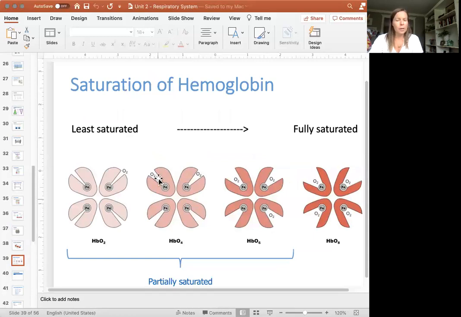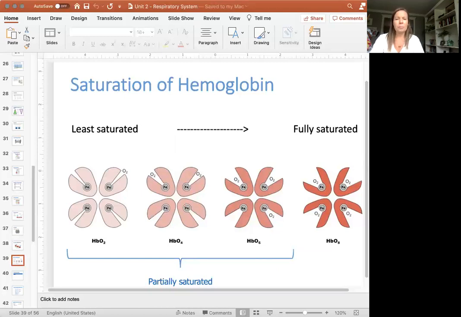Here are a couple pictures of a hemoglobin molecule. These are 4 different hemoglobin molecules, and the gray circles represent the heme groups. There are 4 of these, like we talked about.